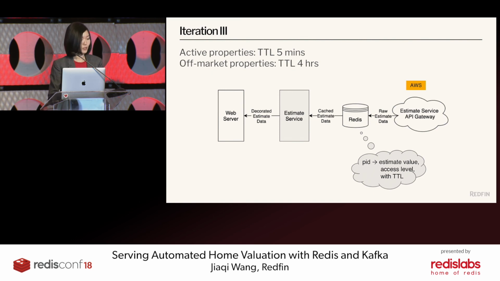In terms of operating cost, Redis has been very stable so far. We also have automatic failover hosted using Redis Sentinel. So in case something happens, the master would be demoted and the replica will be auto-promoted to be the new master. Okay, thanks.